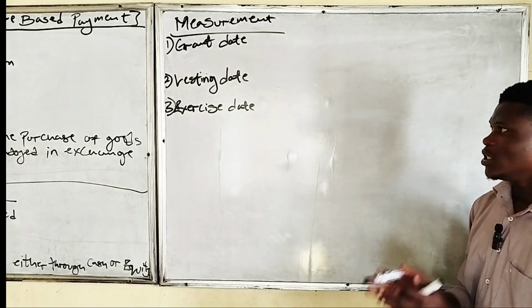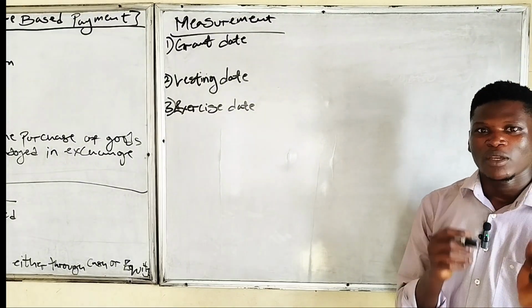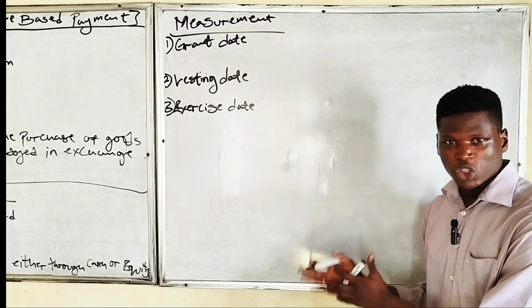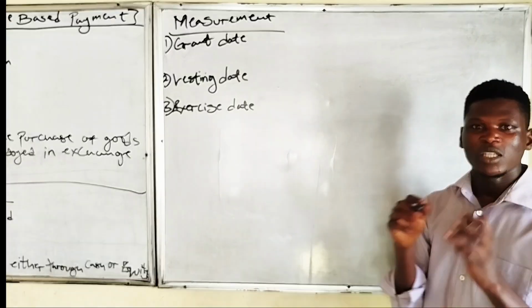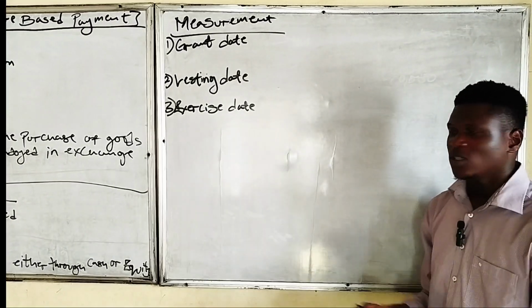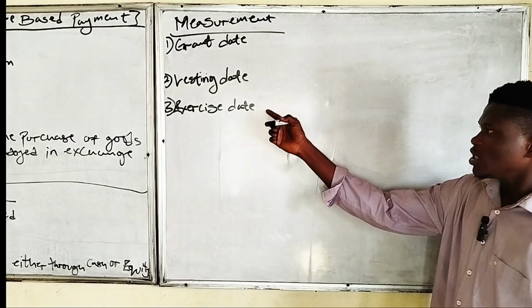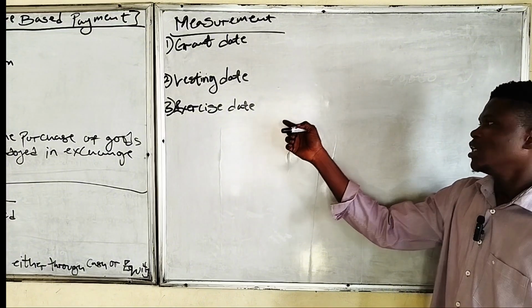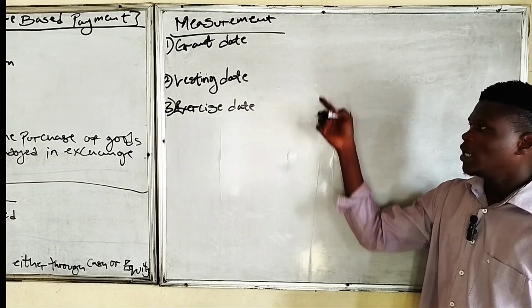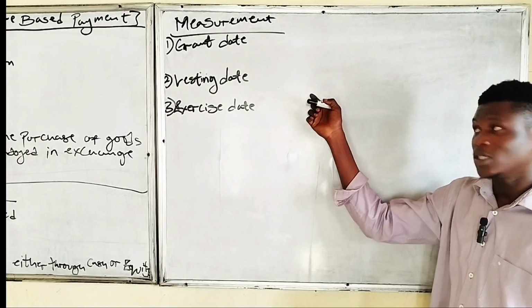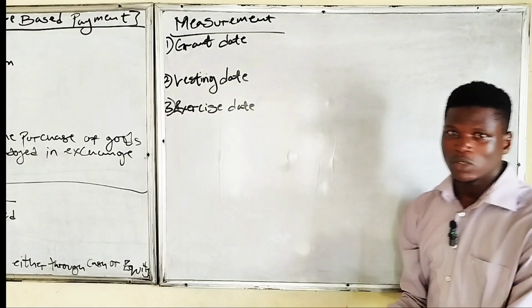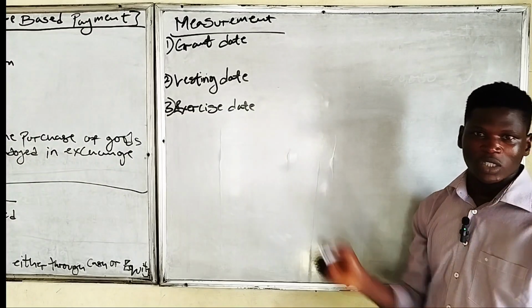Vesting date is the date which states that vesting conditions have been met. Then exercise date is the date which the employees receive the share-based payment. The date which they are entitled to this share-based payment is the vesting date, while the date of the agreement of the share-based payment is called the grant date.